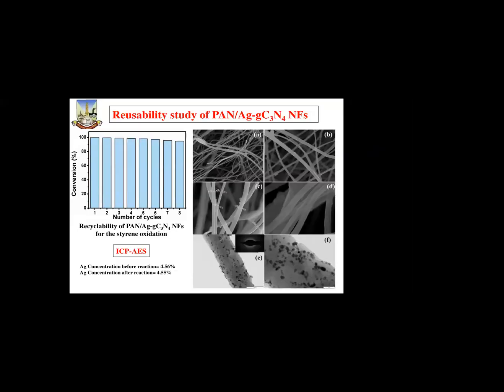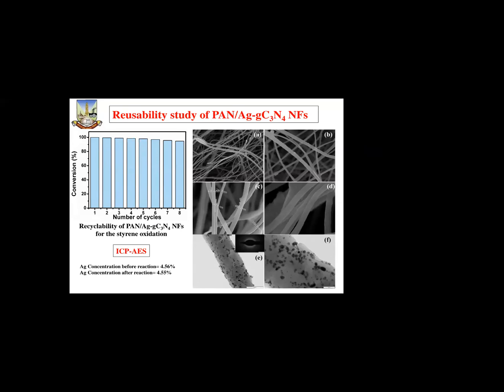This is the reusability study we have done. In the reusability study, we have used this catalyst up to 8 cycles. Even up to 8 cycles, there is only a marginal decrease in the conversion of that particular product. Silver concentration before reaction is 4.56%.